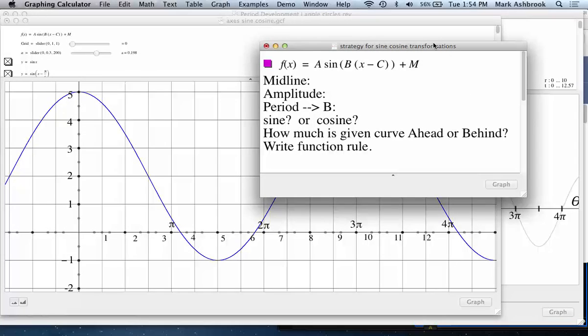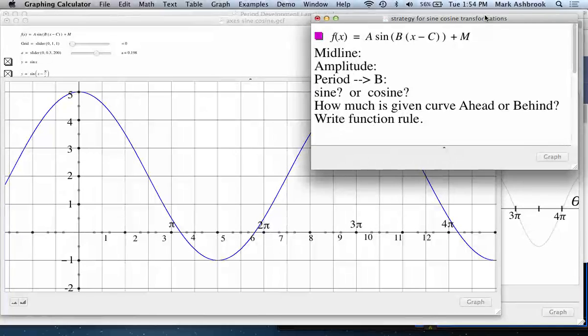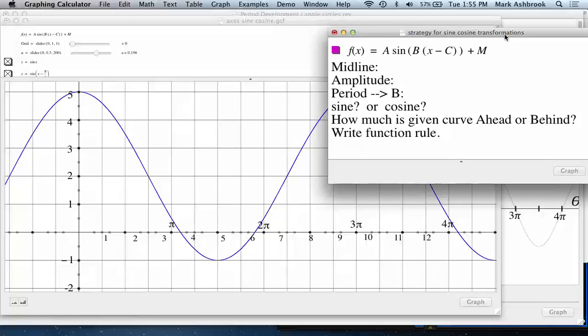So the first thing you want to do is figure out what the midline is. We'll start with the vertical stuff first: the midline, and then the amplitude, which comes from what? The distance from the midline up to the top, or down to the minimum. And then from there, we're going to find the value of b, and we get that from the period.